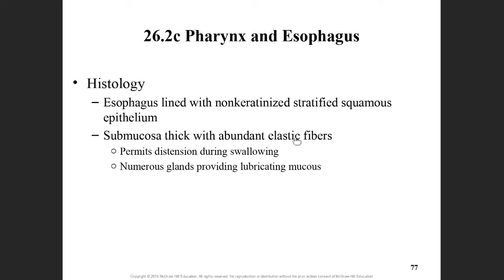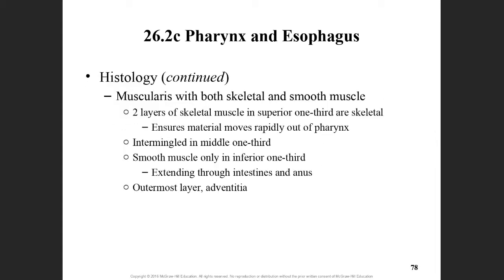So when the bolus is in the esophagus, it becomes distended, and when the bolus passes, it again goes back to the normal shape. And also we have many glands here, many mucous glands, which can lubricate the surface of the esophagus.